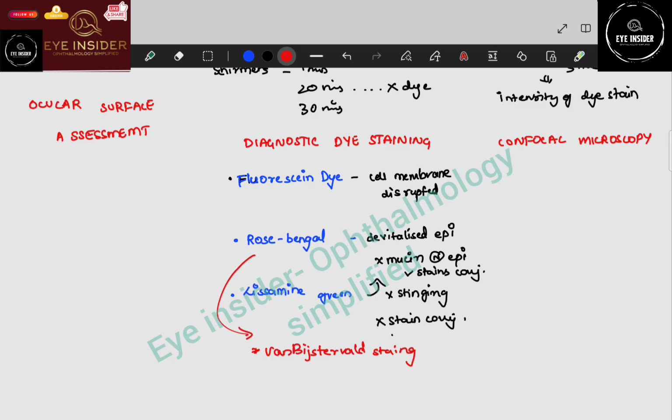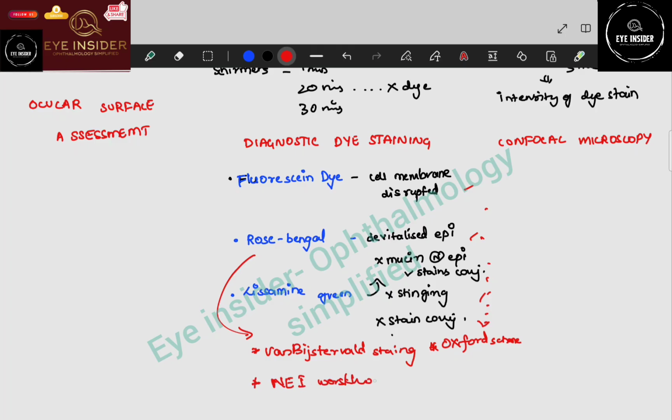There were methods which were used, like the Van Bijsterveld staining system and the Oxford scheme of staining. In this, they measure what areas were stained in the cornea and the conjunctiva.